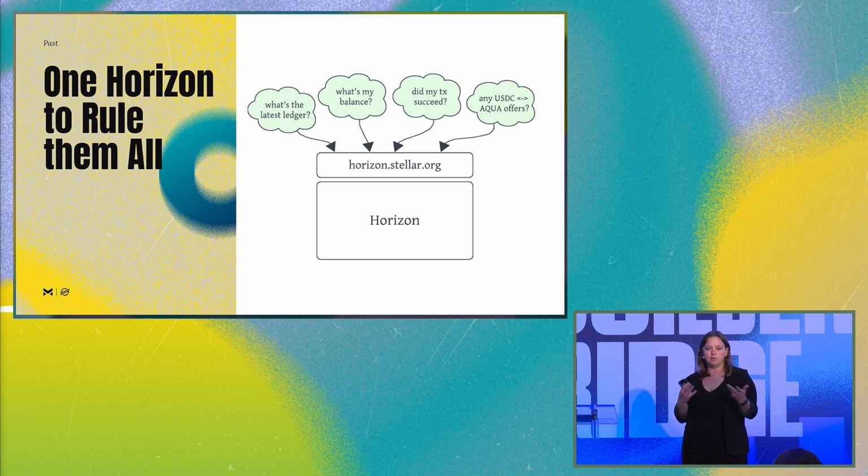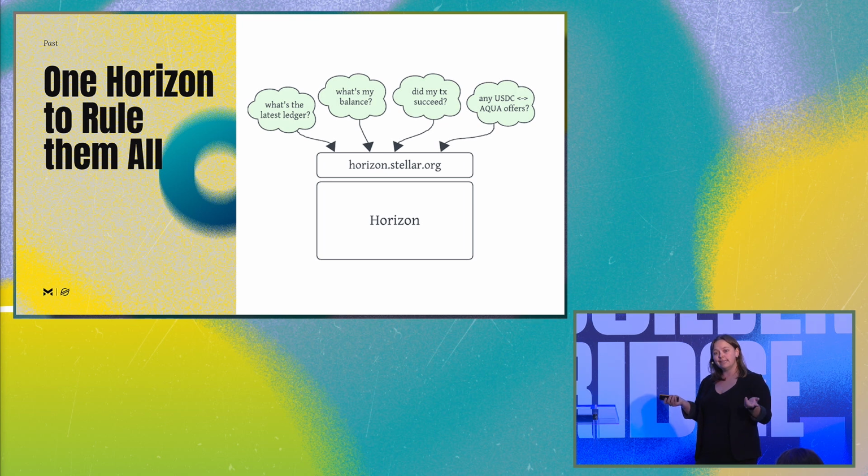Things you want immediate responses to, things that are available in the latest ledger or very recent history. These are very cheap questions to answer. Probably what you'd get out of most RPC, EVM RPC nodes. And generally, we find this is most of the questions that people ask. It's like 80 to 90% of the requests that people want.